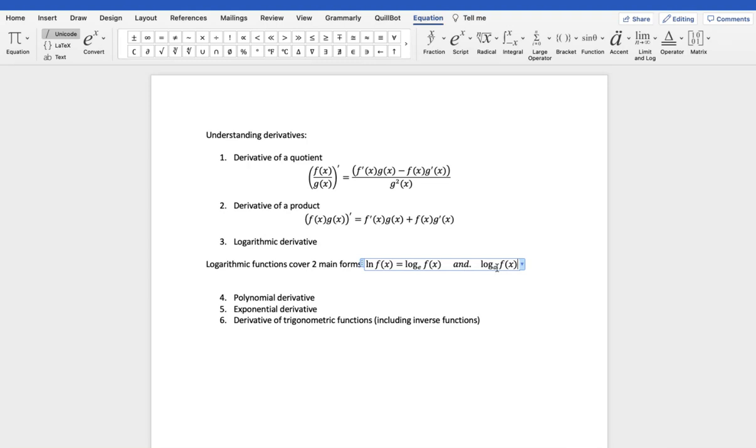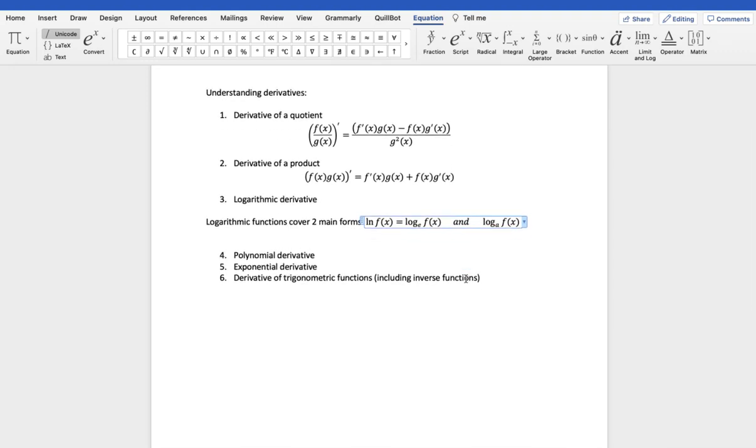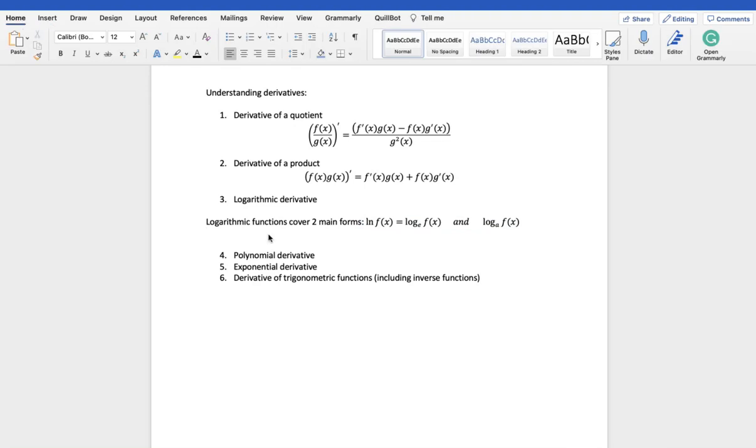In most of the examples that you'll be looking at, those are the two main logarithms you will be encountering. You can always go back and forth between the two forms, depending on what you're trying to achieve. But if you're looking specifically at the derivative of these functions, these are the two forms that you'll be encountering.